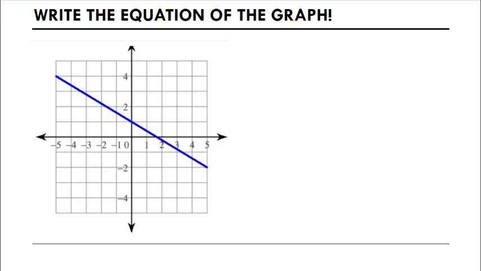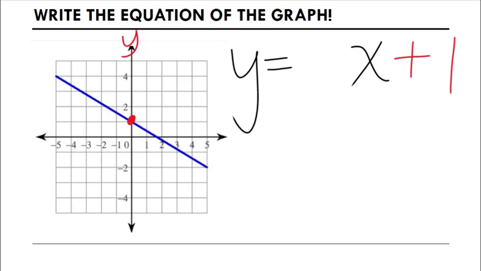Next example. Y equals, what is the y-intercept? It's positive 1. Then I'm going to put x. The best friend of x is slope. I need 2 points.